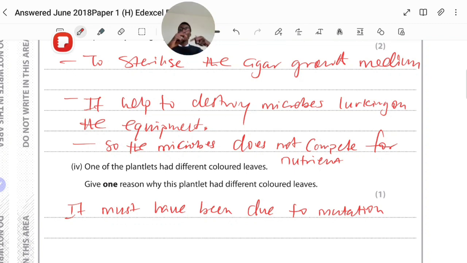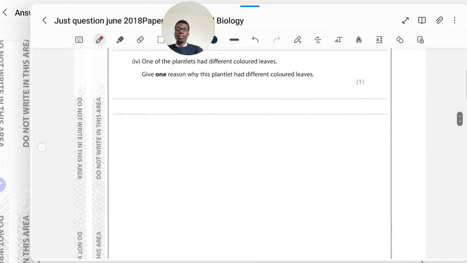Once there's a change in the normal genetic makeup of an organism, that's mutation. Because they were all supposed to be the same, but for that one to be different, that means something happened while it was growing, and that is mutation.